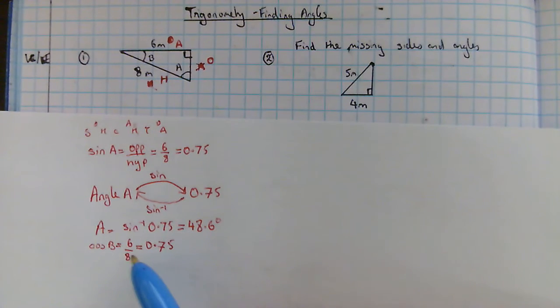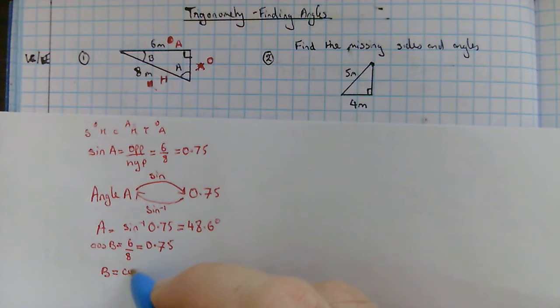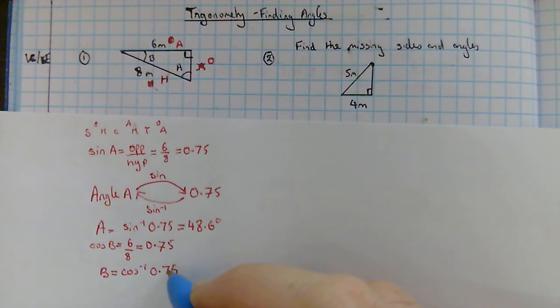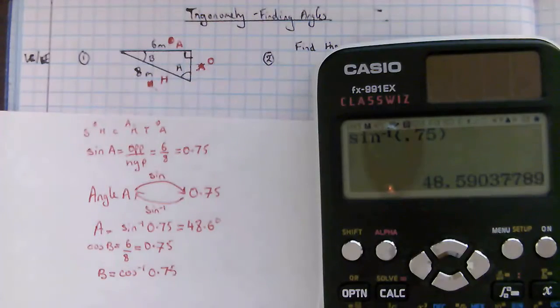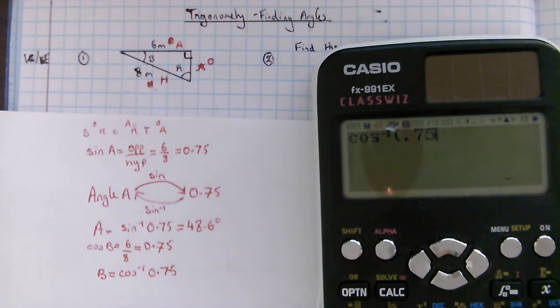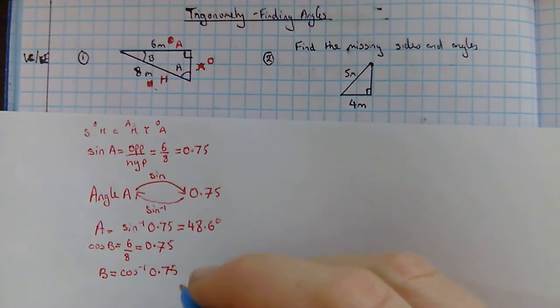So here I can say that B now must be cos inverse of 0.75. Put it onto my calculator. Inverse cos of 0.75 gives me an answer of 41.4 degrees.